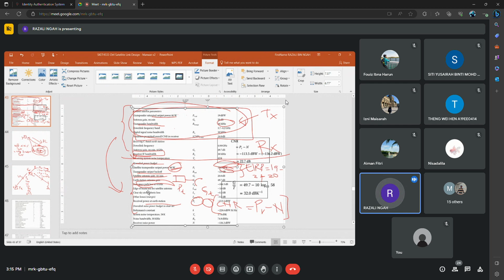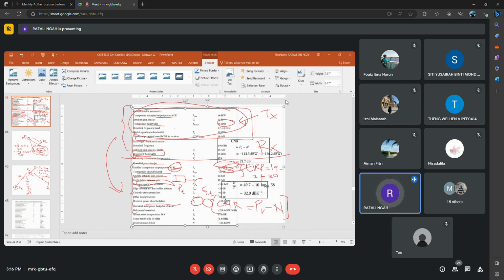This edge of beam loss refers to your earth station not being located in the center of a footprint. And then you have atmospheric loss 0.2 dB, so you have to put negative. And we have other losses 0.5 dB. When you add together, you will get minus 113.5.